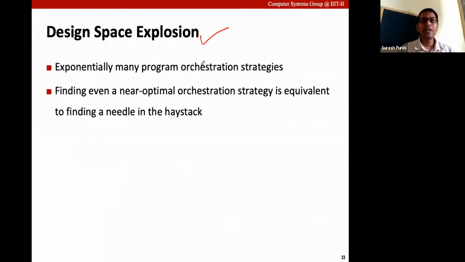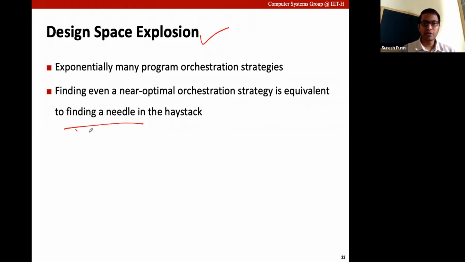There are exponentially many ways of mapping your program to the underlying architecture, so exponentially many program orchestration strategies. Finding an optimal orchestration strategy for your program is close to impossible. Finding even a near optimal one is equivalent to finding a needle in a haystack. This is the biggest problem.